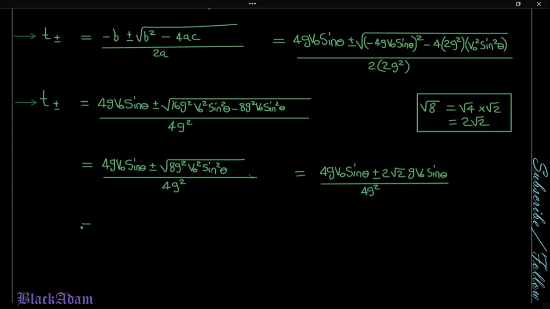So you can see our equation becoming simplified, and now we can see we can factor 2 and g v initial sine theta.